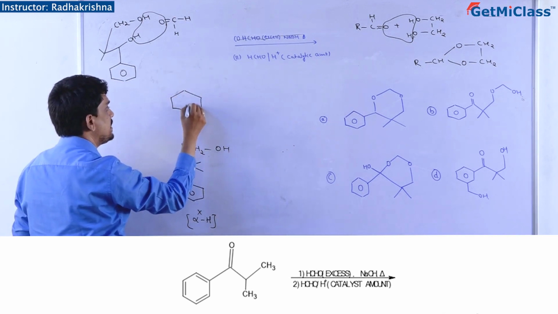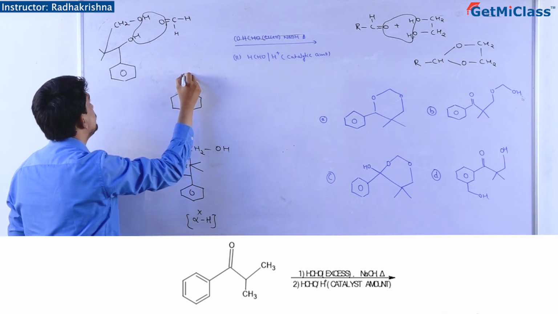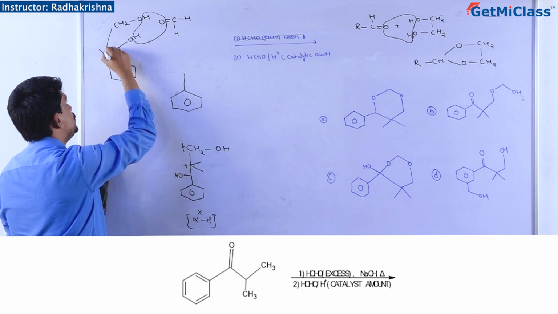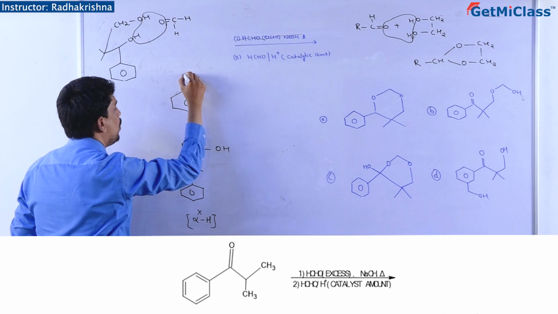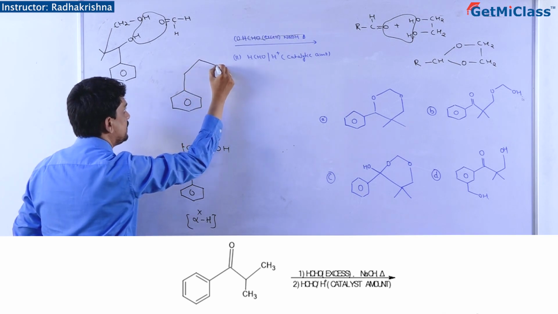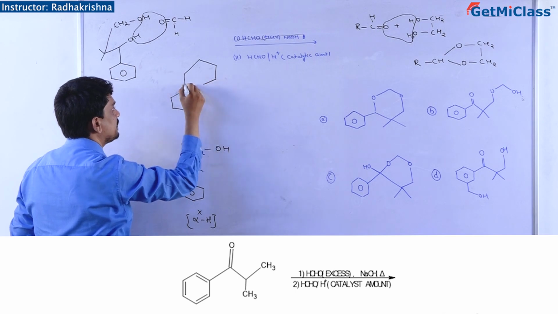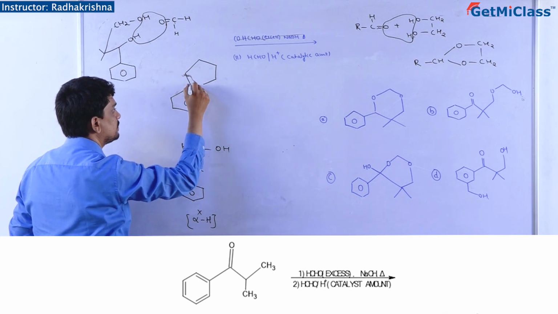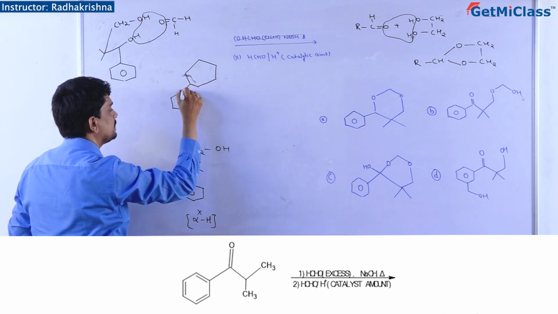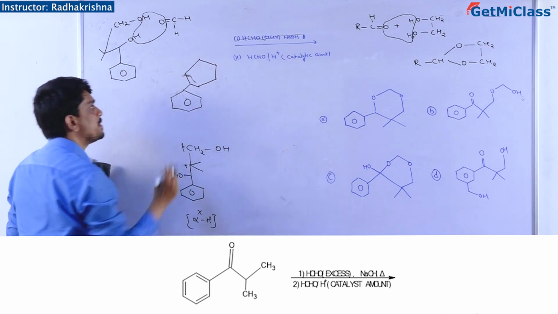You have a ring that is attached to this carbon. From here there should be a hexagon, like 1, 2, 3, 4, 5, 6. Yeah, now it has become proper.